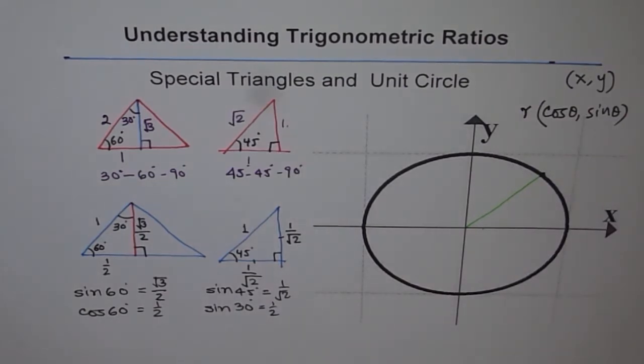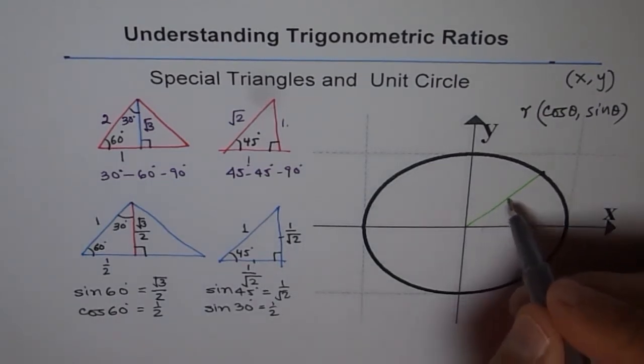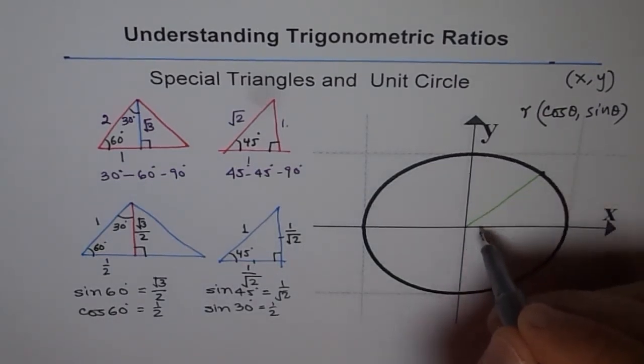That's so easy, right? Now, let's fill in the values for our circle. We'll fill in the values for 45 degrees first, and let's see how that works. So imagine this is bisecting 90 degrees. That is 90 degrees, you know that.